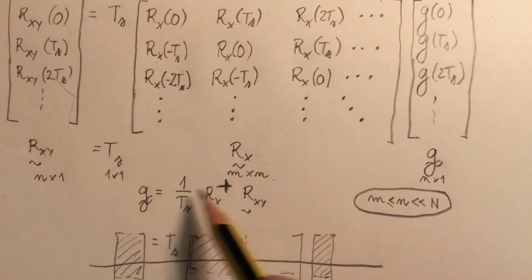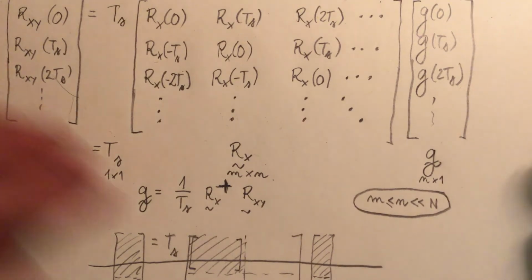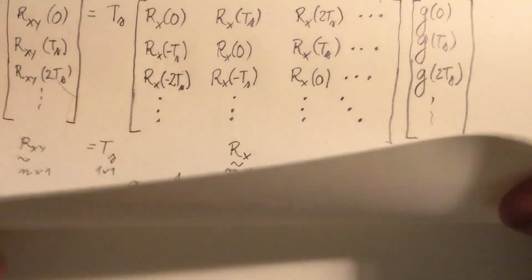Once we find the impulse response in this way, then what? Well, then there are two things we can do.